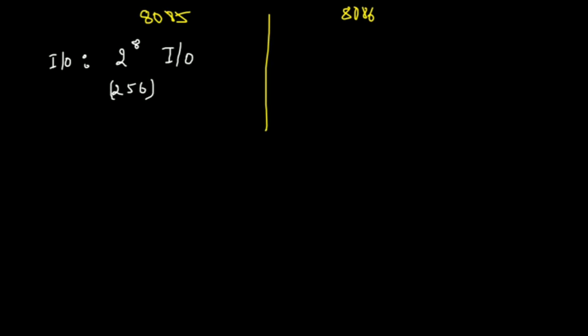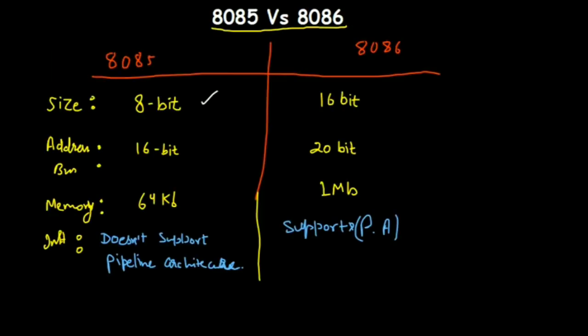And 8086 can access 2 to the power 16 input outputs in one instruction cycle. One instruction cycle means when you hit it once, in one operation 8086 can perform 16 bits of operation, and 8085 can do 8 bits of operation. This is something we have already discussed.